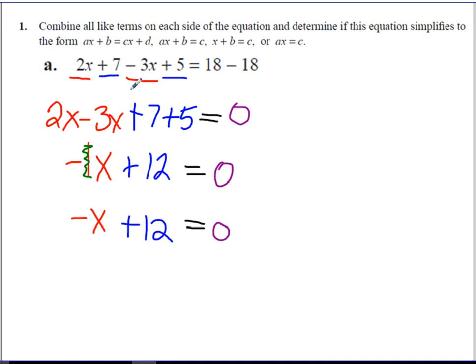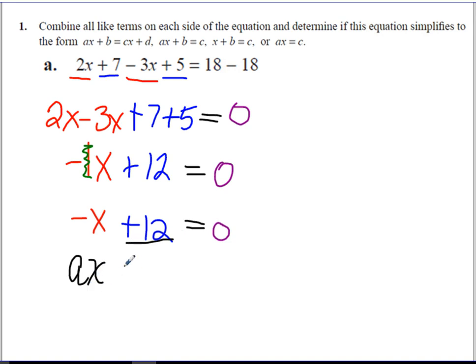So the pattern that we're following are -x. Remember that negative is really -1. And so if we look at it as a variable, -1 would be our first actual number. So that would be an a. The x stays the x.